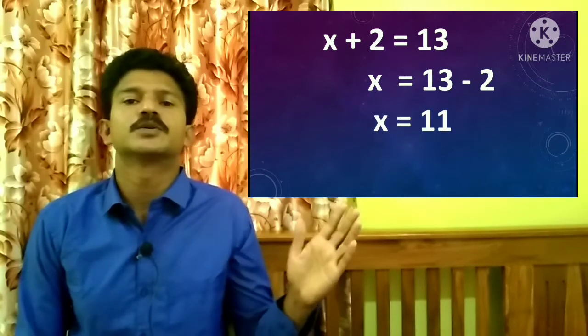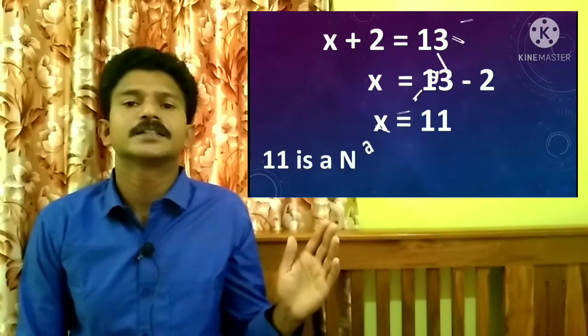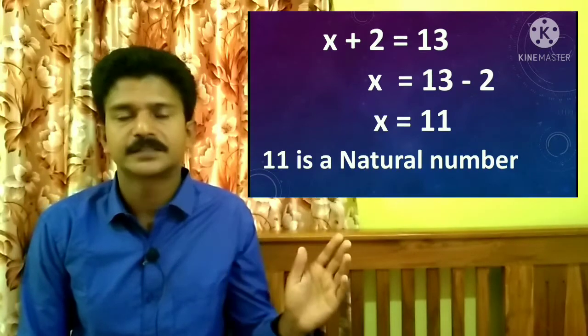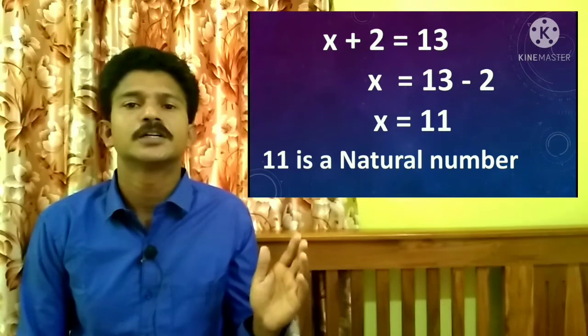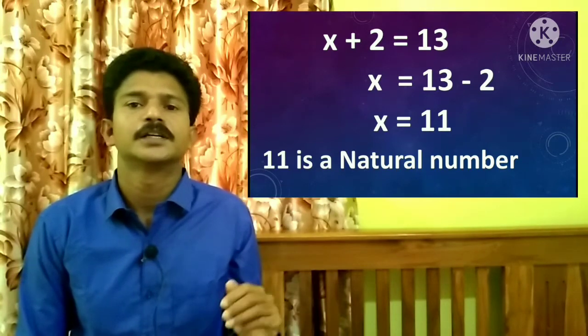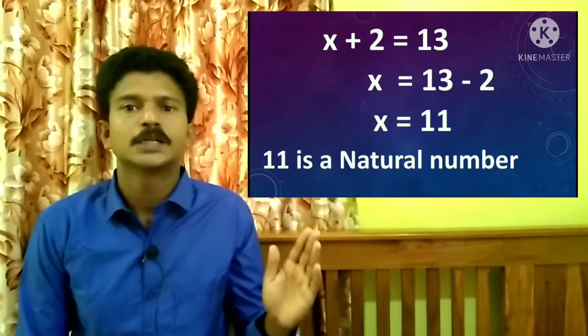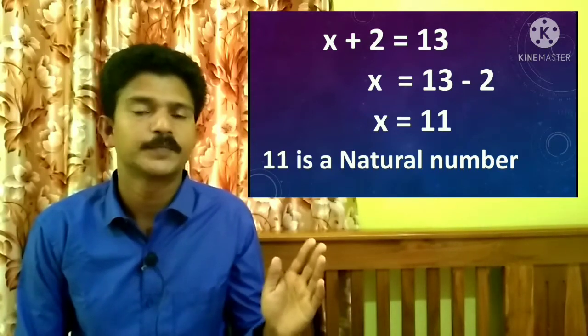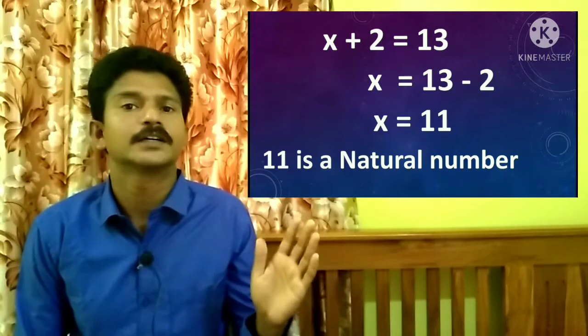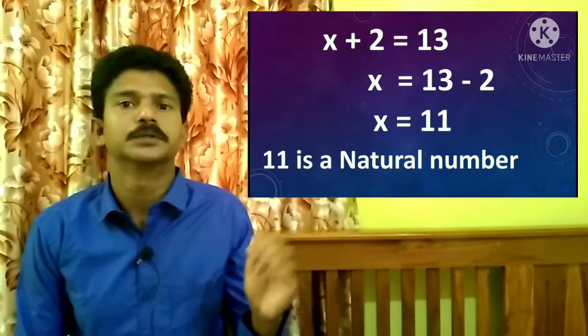When we solve this equation, we get x equal to 11, which is the solution of this equation. When you put only 11, this equation can be solved. The 11 here is a natural number.